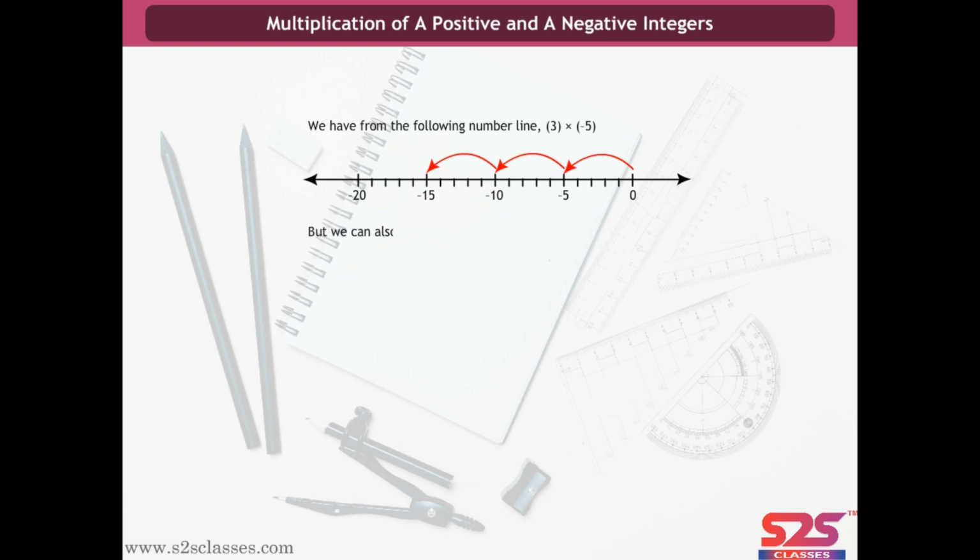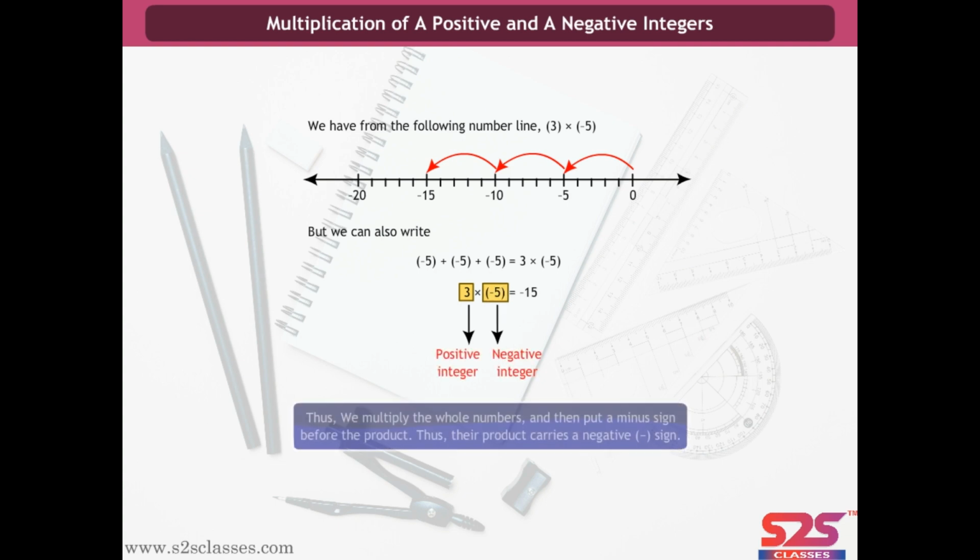But we can also write minus 5 plus minus 5 plus minus 5 is equal to 3 into minus 5. 3 into minus 5 is equal to minus 15, where 3 represents a positive number and minus 5 represents a negative number. Thus, we multiply the whole numbers and then put a minus sign before the product. Thus, their product carries a negative sign.